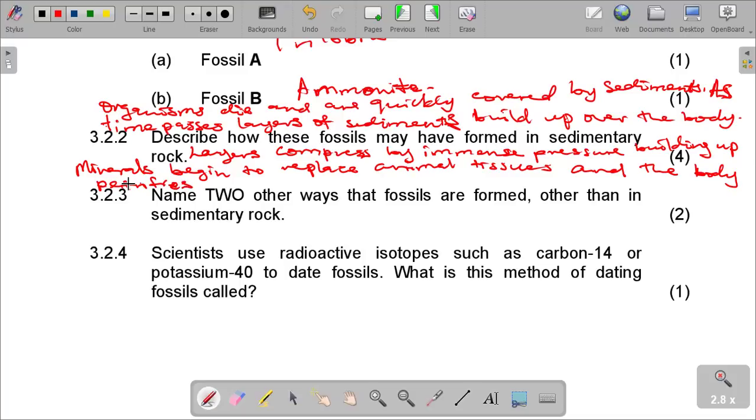That is how this process takes place. So what you need to understand is that organisms die and are quickly covered by sediments.